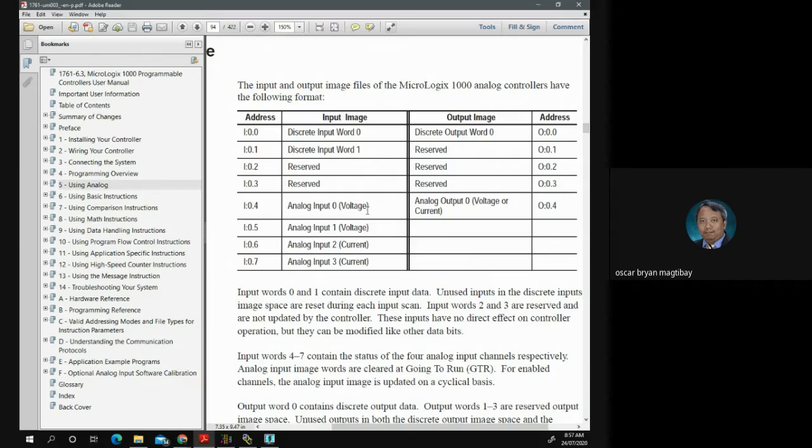In the Micrologix 1000 analog, we have 4 analog inputs and one analog output. The address starts at I:0.4 for one field device, and the next device is I:0.5, not I:0/5.